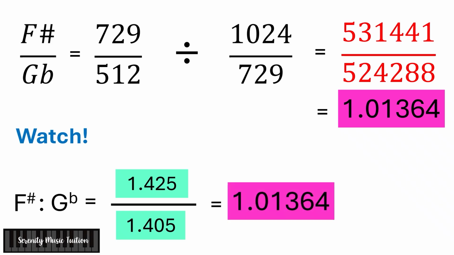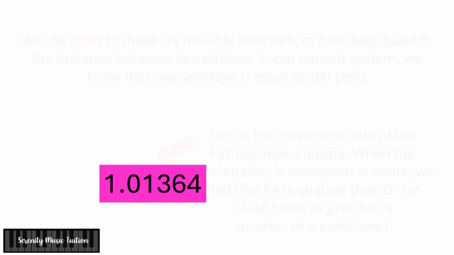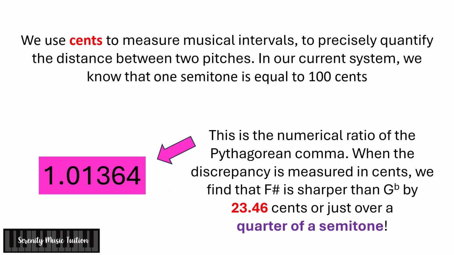The Pythagorean comma comes about because when we pile pure fifths on top of each other around in the circle of fifths, the final fifth actually shoots past the pitch of G flat, making F sharp slightly sharper than G flat. 1.01364 is the numerical value of the Pythagorean comma, the measurement of a tiny interval produced when F sharp shoots past G flat. I will explain more about this in detail shortly.